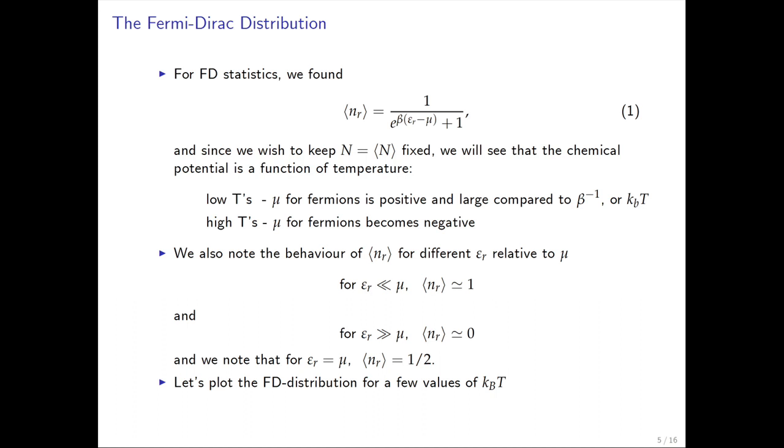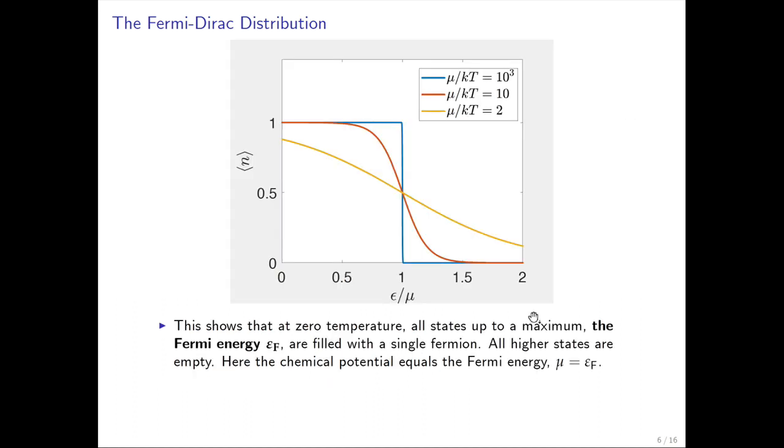So actually, it's good to plot this for a few values of kBT and look at how it works. Here's the plot. Here's the mean occupation number, and here's the energy. I've scaled the energy by the chemical potential to make this dimensionless, just for convenience.